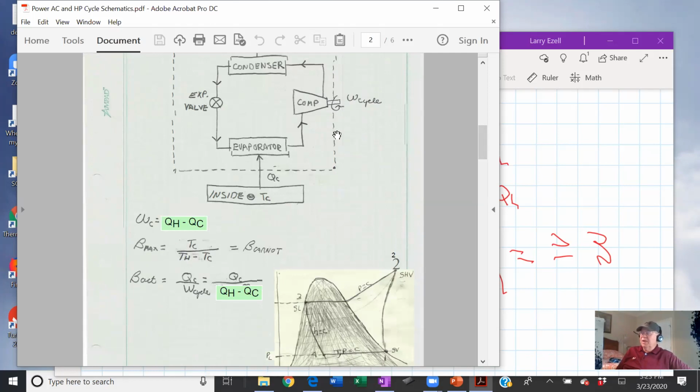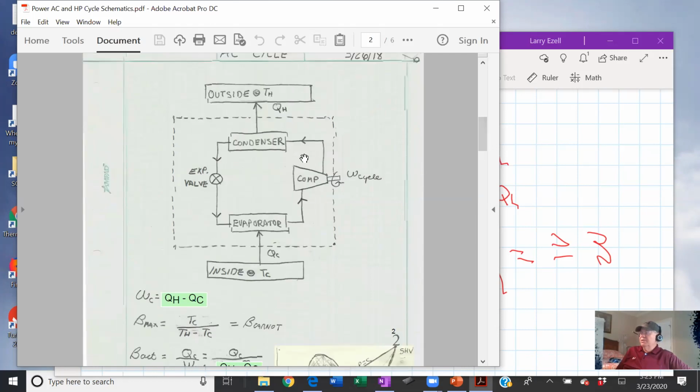Now in a real system, you've got some air distribution fans and so forth, but here's where the major work goes.